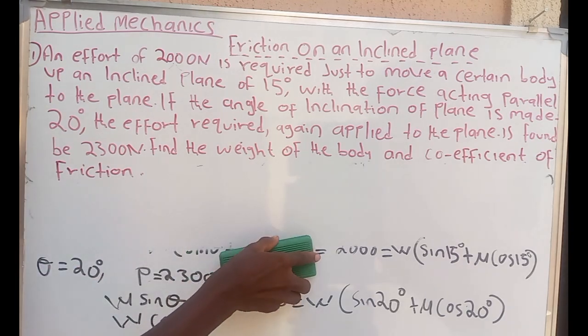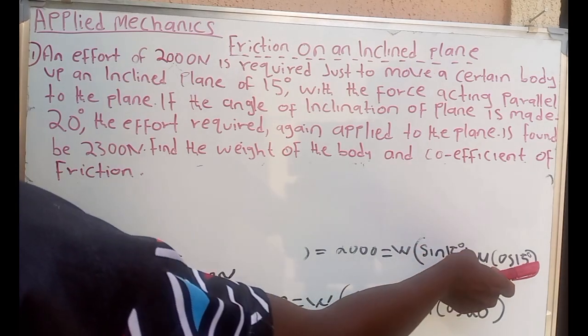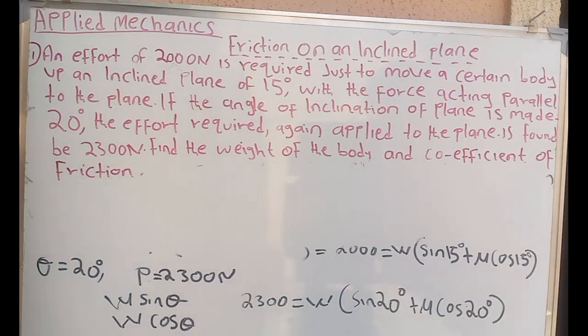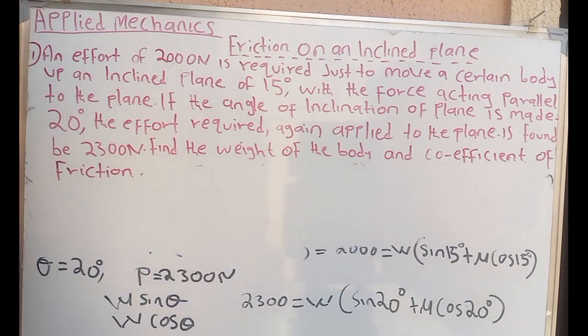So the next thing to do is we have to denote sine 15 theta plus mu multiplied by cos 15 theta, and sine 20 theta plus mu multiplied by cos 20 degree.